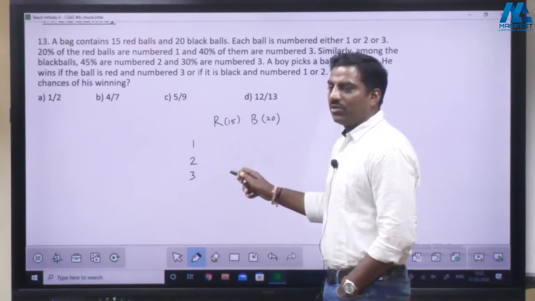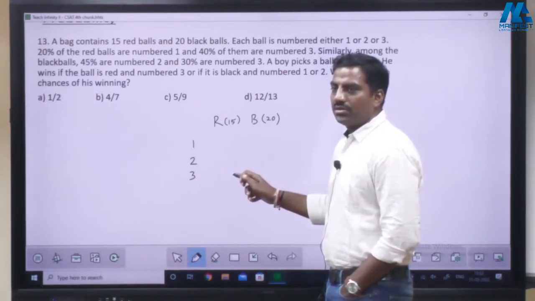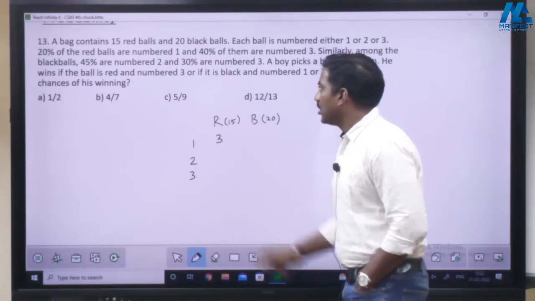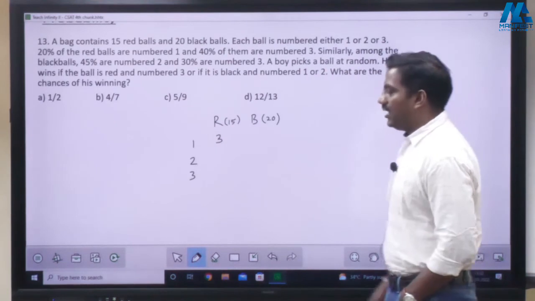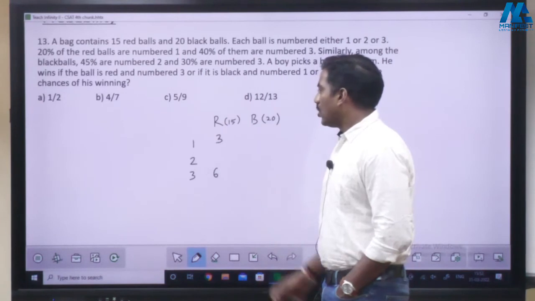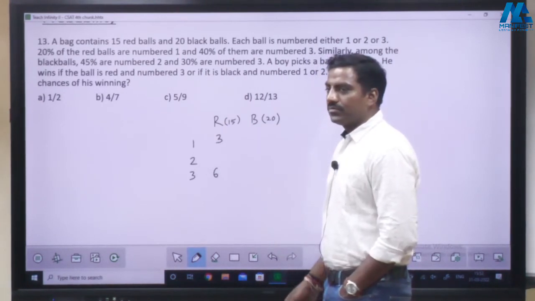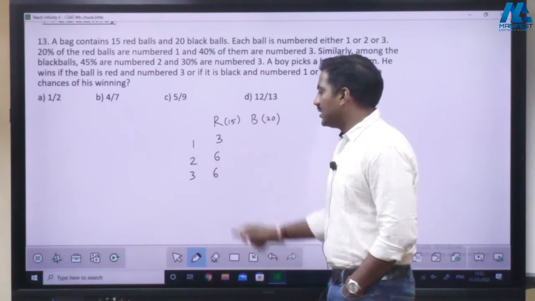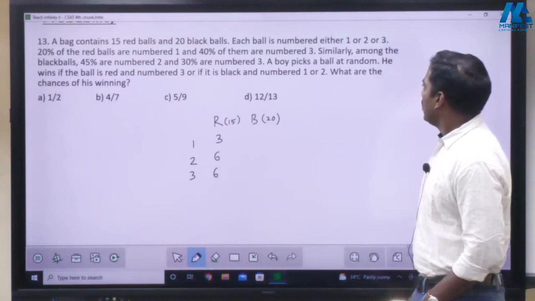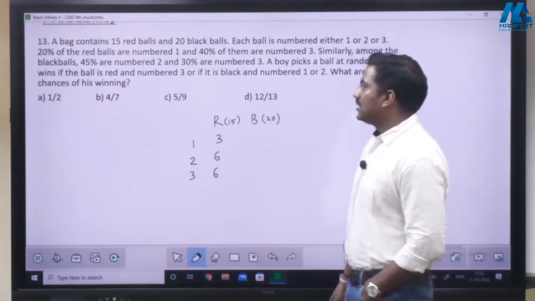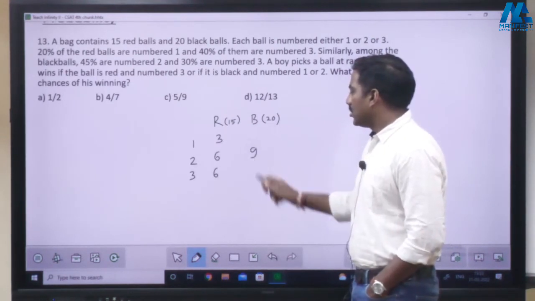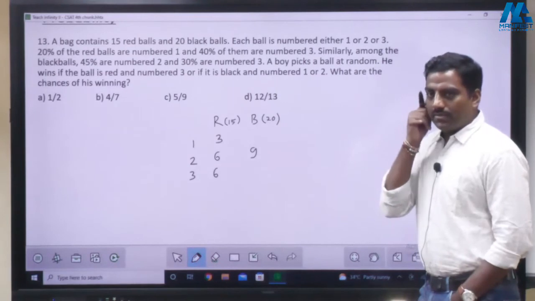So 20% of 15 is how much? 20% of 15. And 40% of them are numbered 3, 40% of this 15. Now how many are remaining? 3 plus 6, 9. So 6 are remaining. They are numbered 2. Then similarly, among black balls, 45% are numbered 2. 45% of 20 is 9.